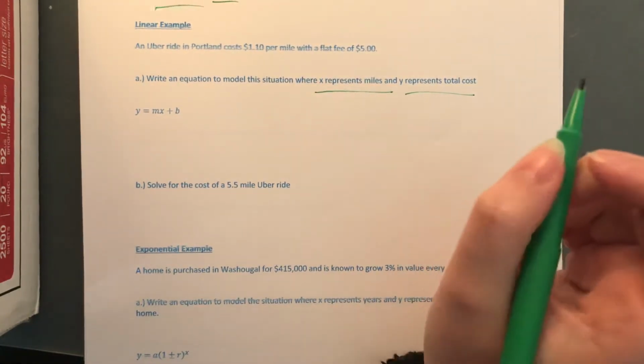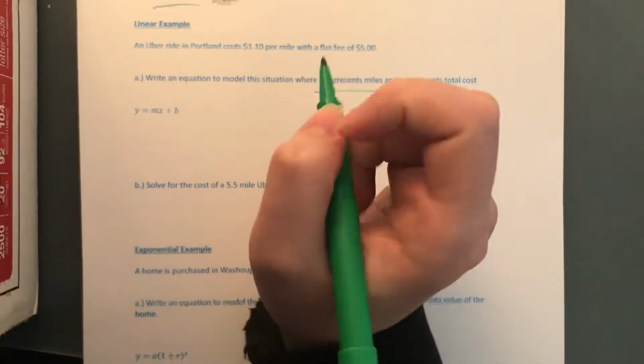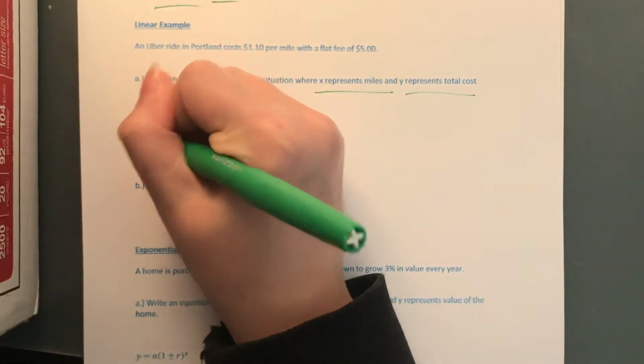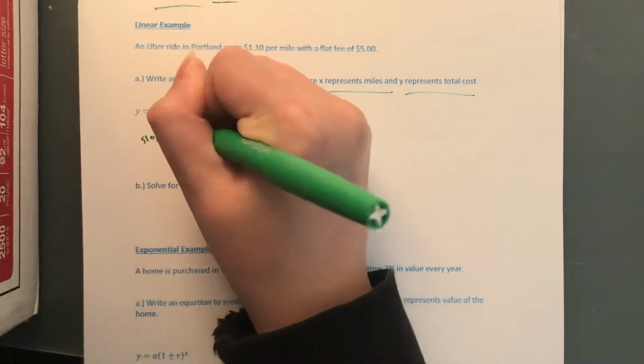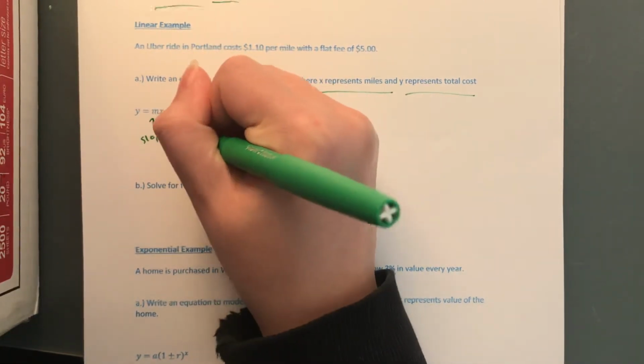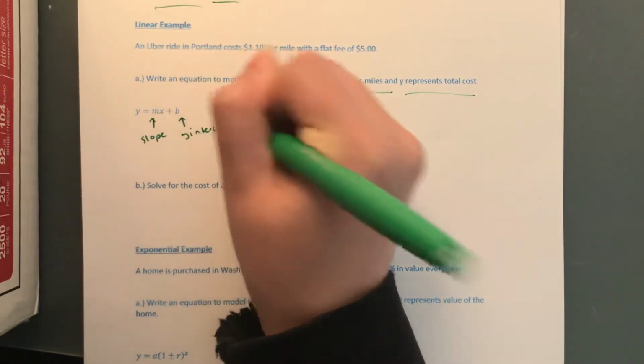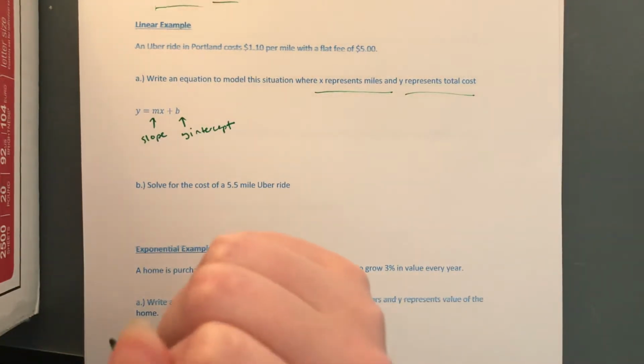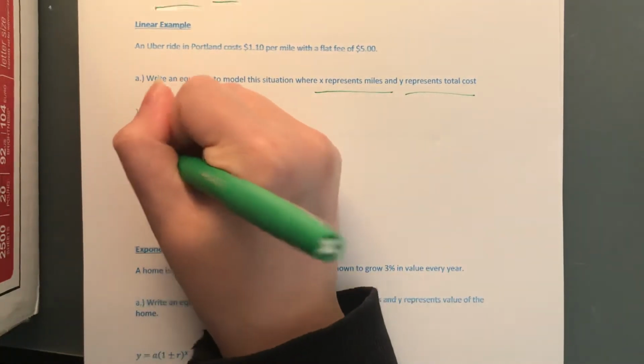Remember, when you're writing a function that's linear, you have to fill in 2 pieces. You have to find the slope, and you have to find the y-intercept. In application problems, the slope is your rate.